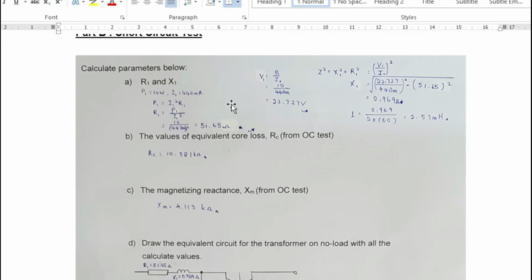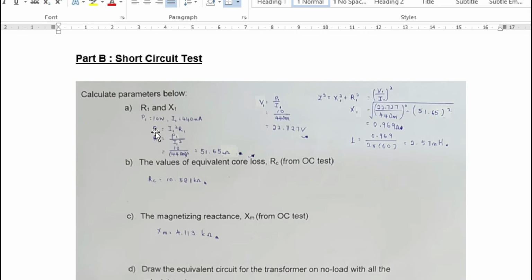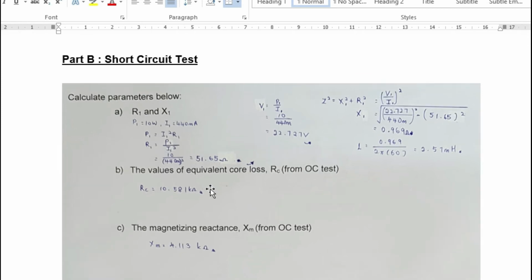To find R1, we use the given formula, P equals I1 squared times R1, and we get 51.65 ohms. To find X1, we use the Z formula, V over I squared equals X1 squared plus R1 squared. It becomes like this to find X1.